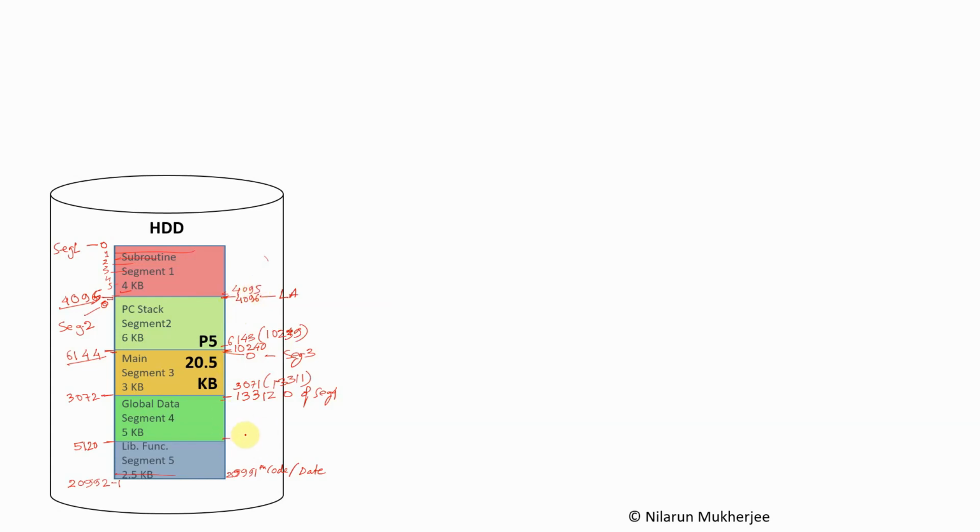And here the last statement was 18431, but it has now become 5120, and it was 18432, but now it has become 0, the 0th code of segment 5. So the logical address now has changed.